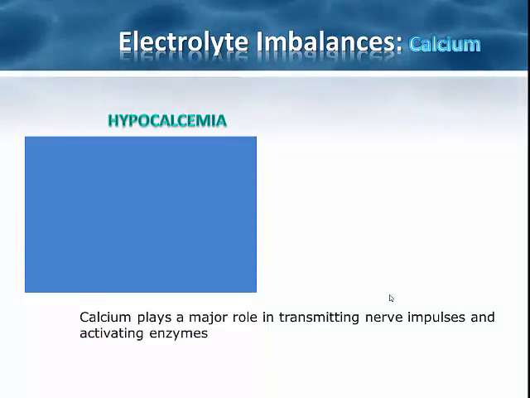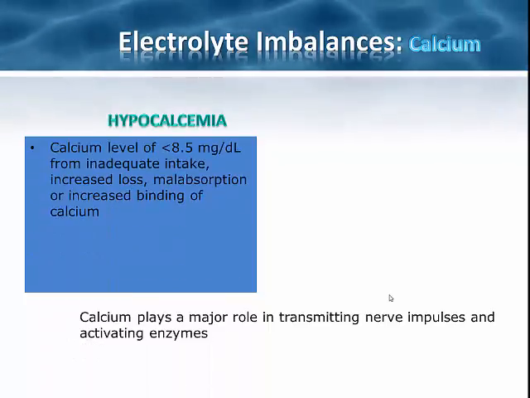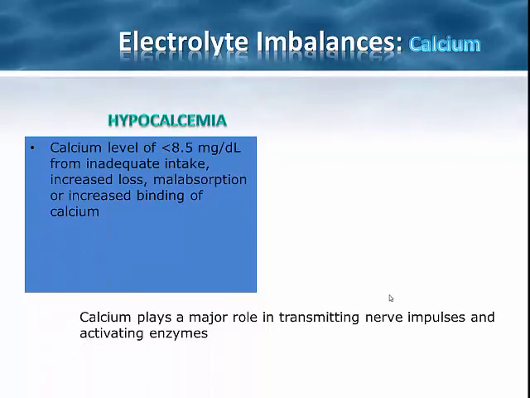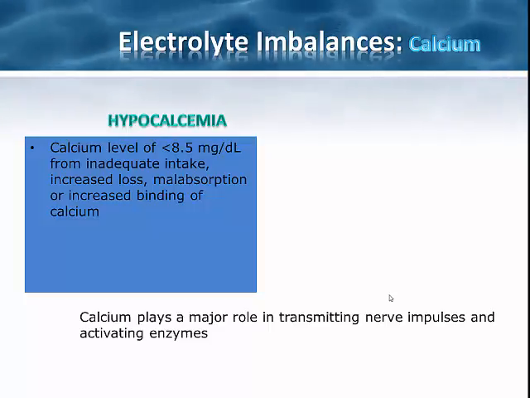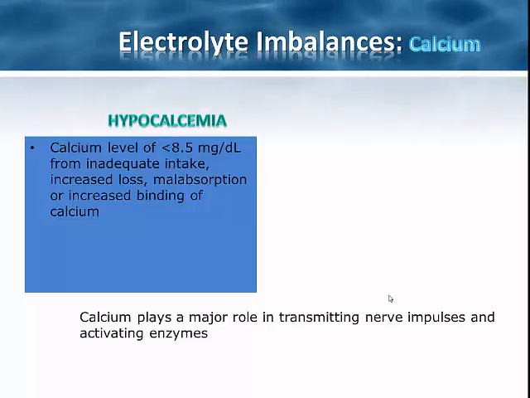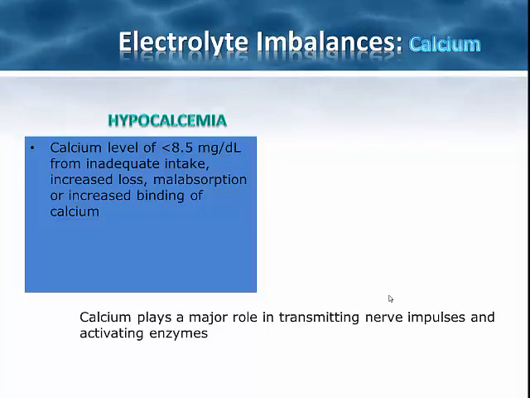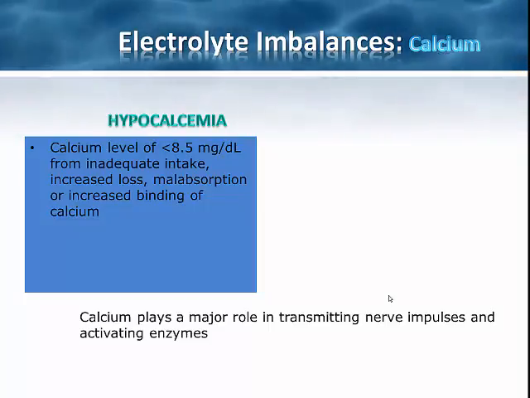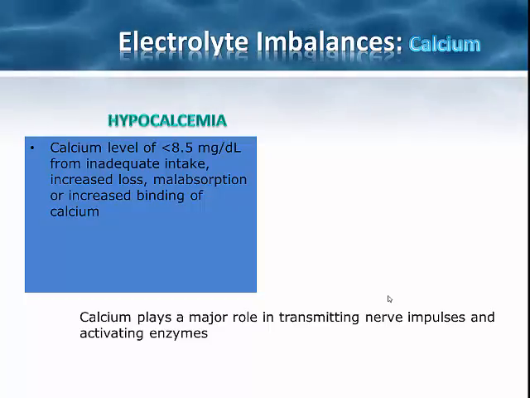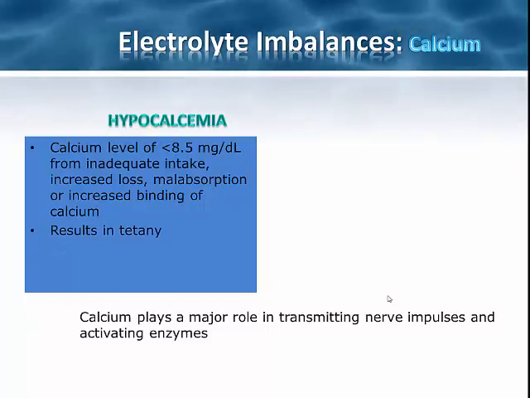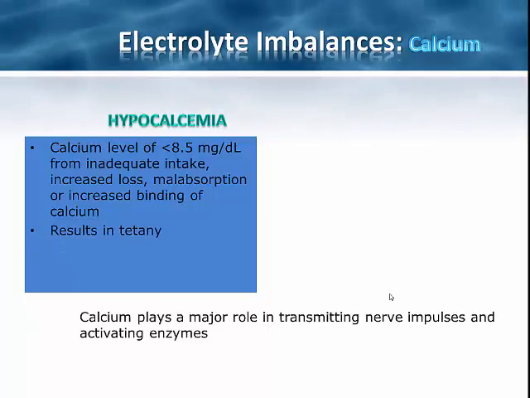With hypocalcemia, we're talking about calcium levels less than 8.5 milligrams per deciliter. It's usually from inadequate intake, increased loss, or malabsorption or increased binding of calcium with certain medical conditions. It results in a condition called tetany.